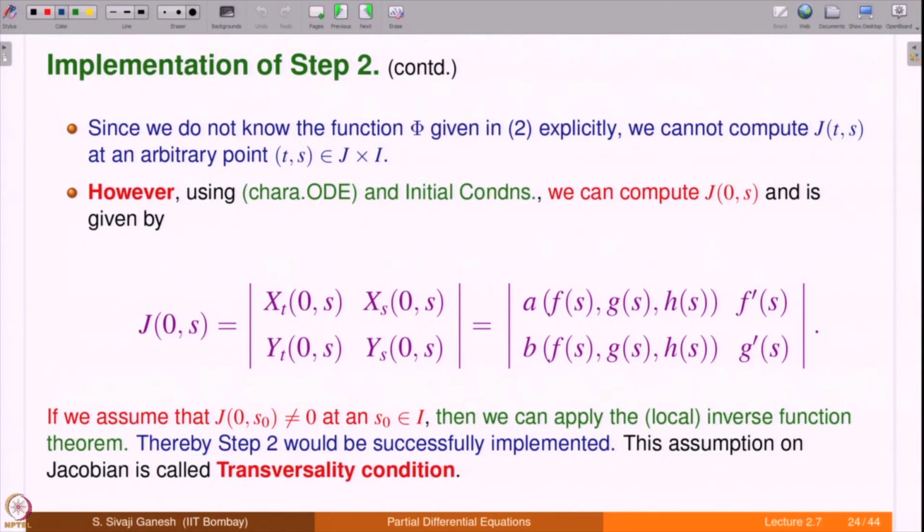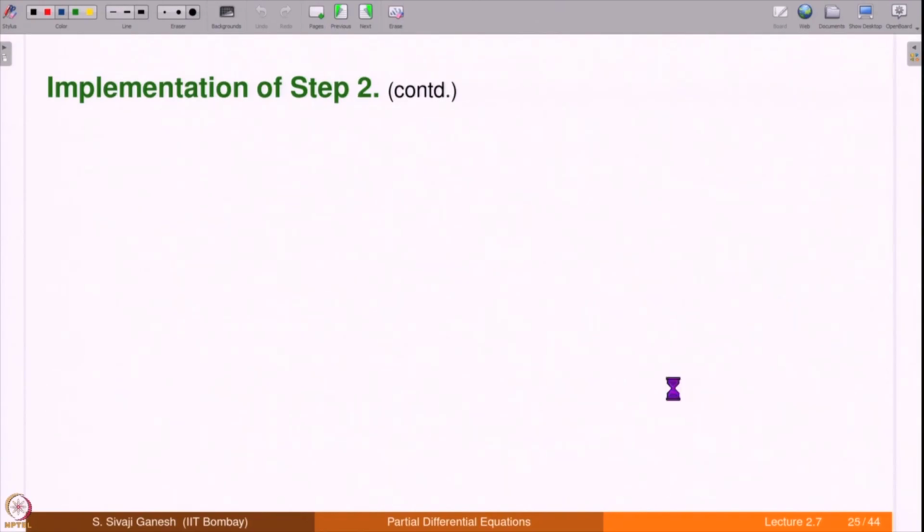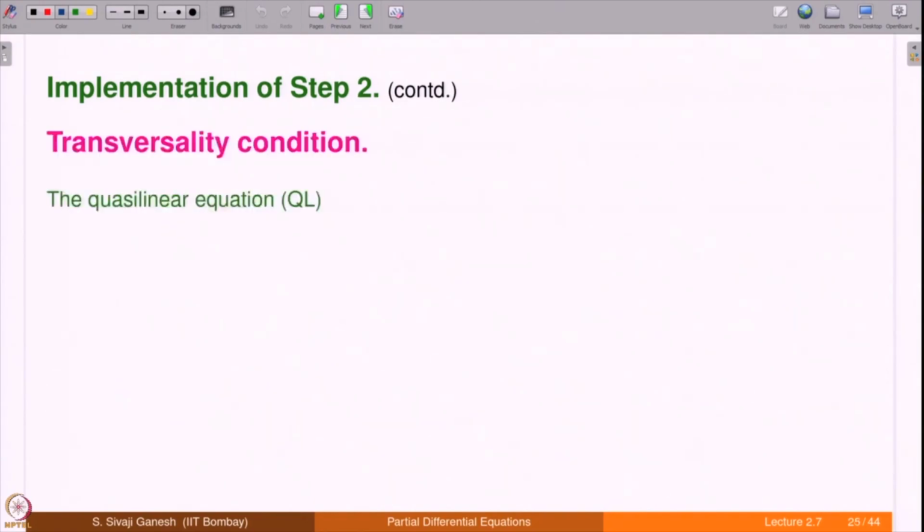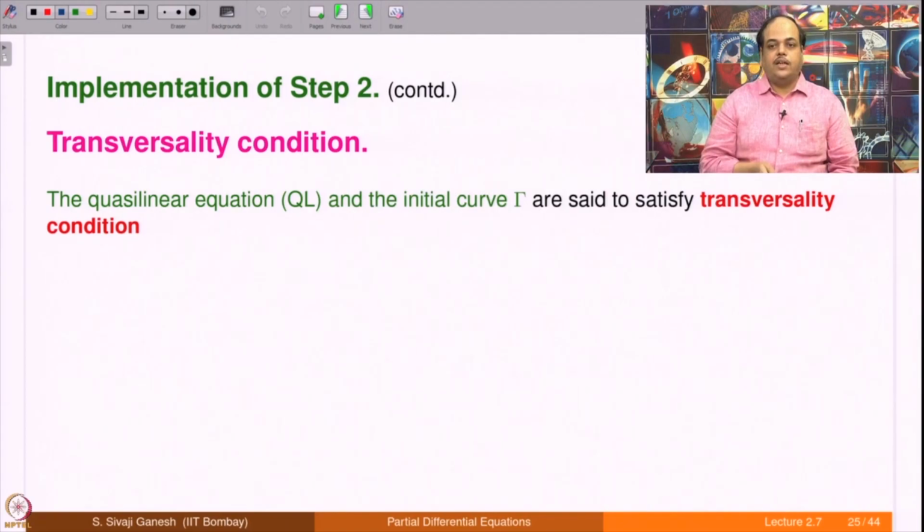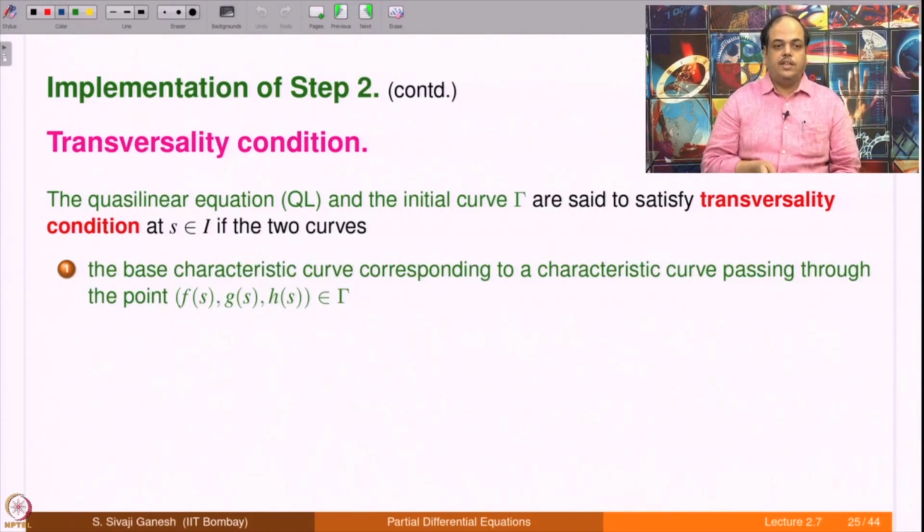This assumption on the Jacobian is called the transversality condition. The quasi-linear equation QL and the initial curve or the datum curve gamma are said to satisfy the transversality condition. So, the transversality condition is that two things together satisfy it, that is the quasi-linear equation and the initial curve. At a point s in I, the two curves listed here: the first curve is a base characteristic curve.